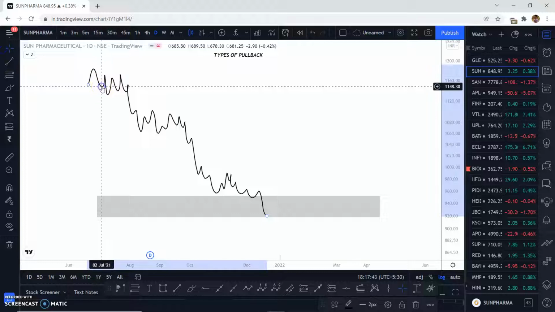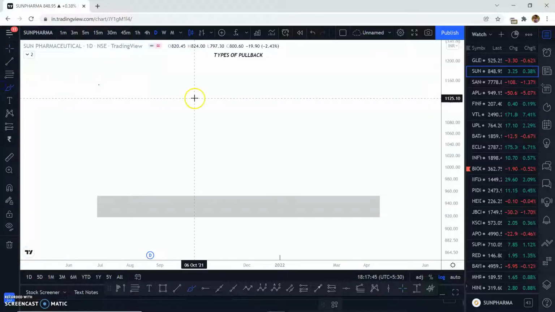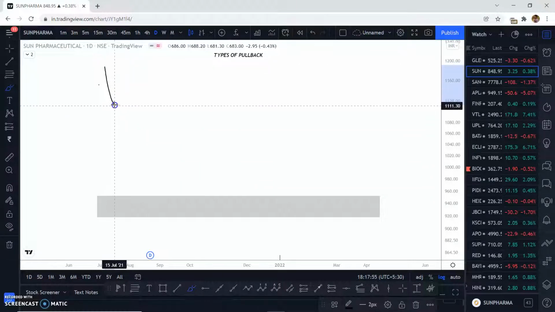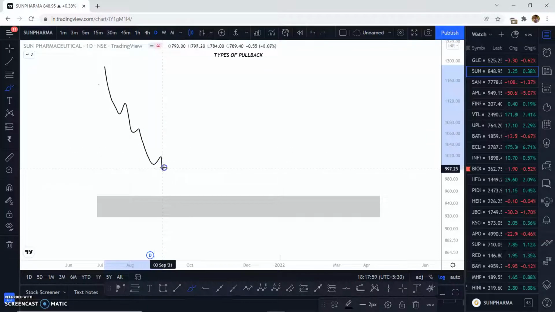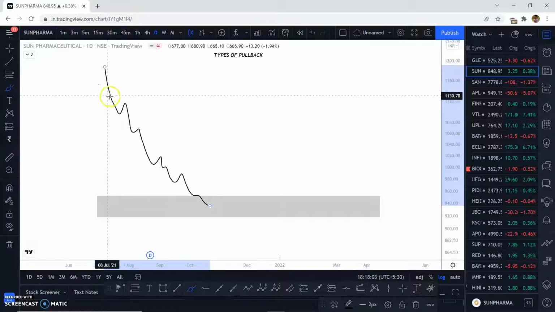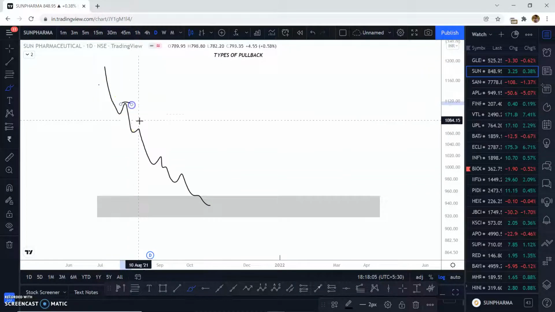So coming to a different type of fall. Okay, so this is an imbalance fall, but without a base. That was a base drop, right? So let's say we see imbalance here, and then there's a simple fall here. So if you see, the price created imbalance here, and then we have what?